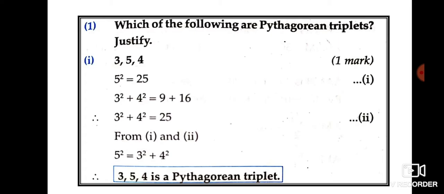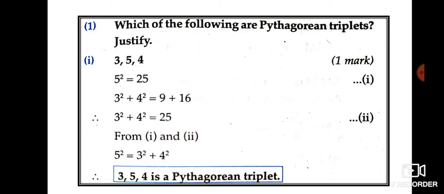And when we say Pythagoras theorem, it states that h square, that is the hypotenuse square, is equal to s1 square plus s2 square. Here s1 and s2 represent the perpendicular sides of the triangle. So here we have three numbers, 3, 5 and 4. These are the sides of the right angle triangle.